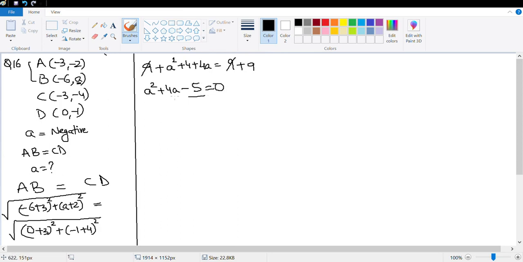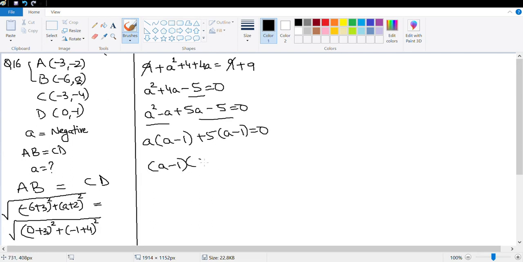I need to find factors of negative 5, the sum of which is 4. So this would be plus 5 into negative 1. So A square minus A plus 5A minus 5 is equal to 0. Grouping them together, A times A minus 1 plus 5 times A minus 1 is equal to 0, which means A minus 1 times A plus 5 is equal to 0, which means A is equal to 1 or A is equal to negative 5.